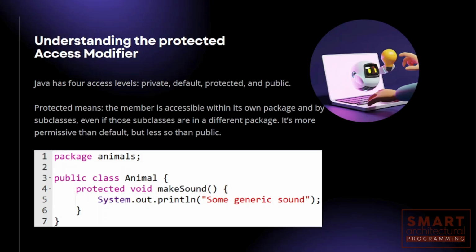So protected means the member is accessible within its own package and subclasses, even if those subclasses are in a different package. It's more permissive than default, but less so than public. I think I've covered these 4 access levels in Java before in a previous video, so I'm just going to focus on the protected level in detail in this video.